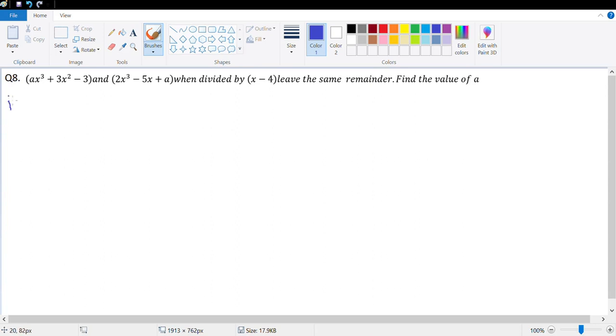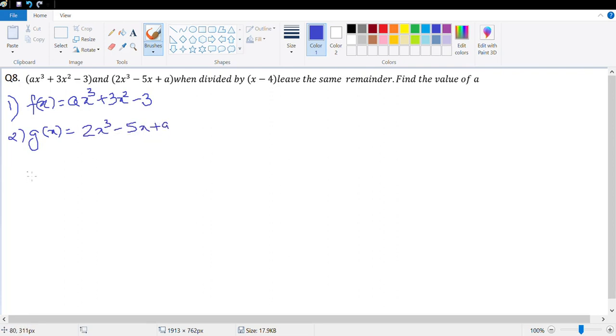Okay, so f(x) is equal to ax cubed plus 3x squared minus 3 and g(x) is equal to 2x cubed minus 5x plus a. These are basically two different polynomials.